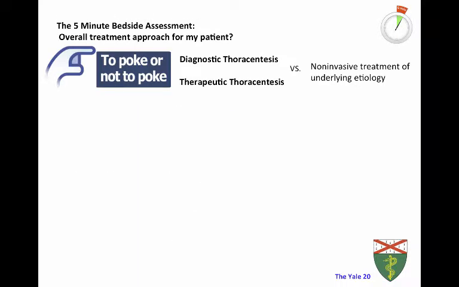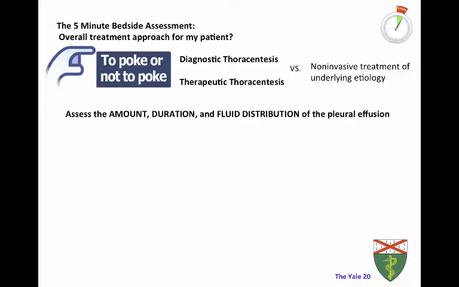One of the questions that people often ask is, when do I need to do a thoracentesis? If you've got that green patient, with small, chronic effusions of a known etiology, and you think you can treat them non-invasively, then that's fine. But just like Dennis was saying, if you have a red or yellow category, someone who has ICU needs or a new or large effusion, then you're going to be looking at doing a diagnostic procedure.